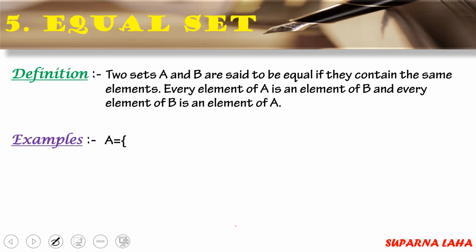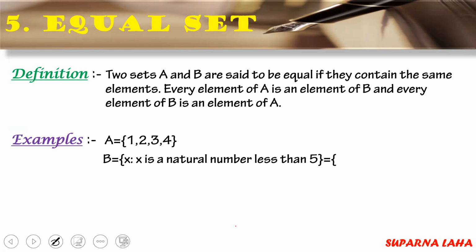Like the first one, A is 1, 2, 3, 4. And for B I am taking x is a natural number less than 5. Now, natural number and less than 5, so it starts from 1 and ends at 4. So 1, 2, 3, 4.